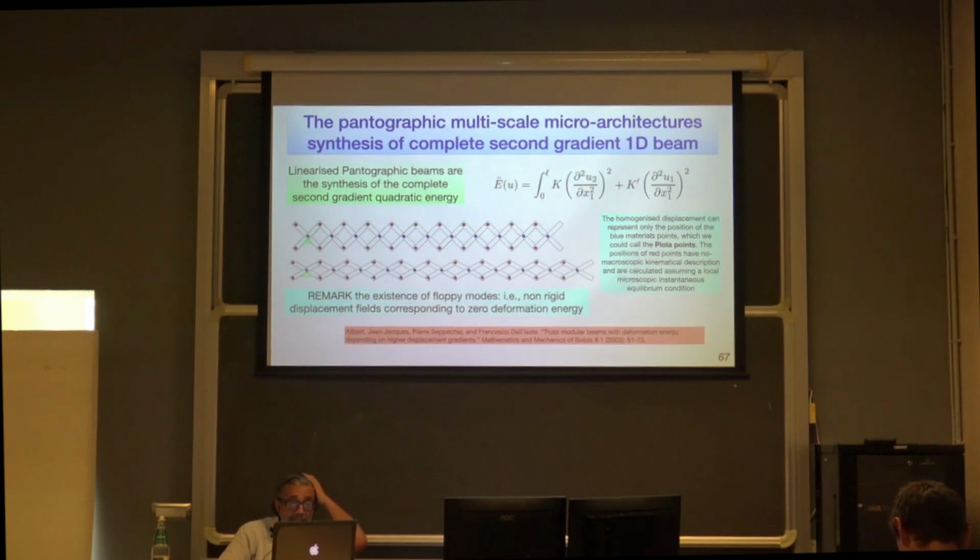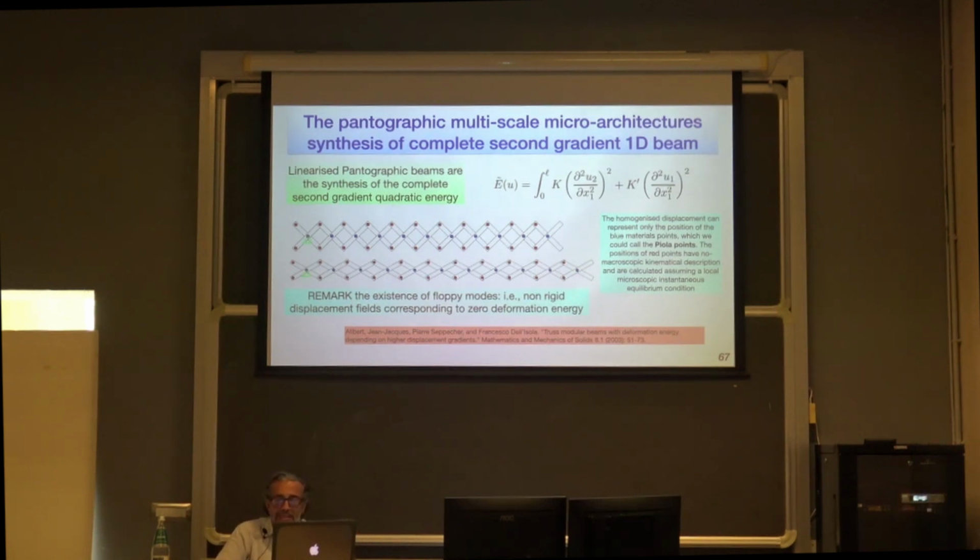So the idea we had in 2003 with Pécher, life is flowing away quickly. We had the energy you see there, and we said, how can we synthesize this? Remark second derivative of u1 with respect to x1 squared. The crucial idea is that Piola points are the blue points.